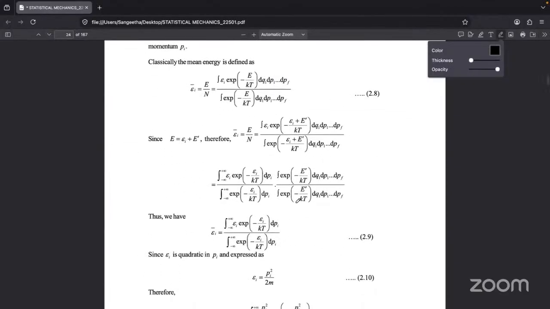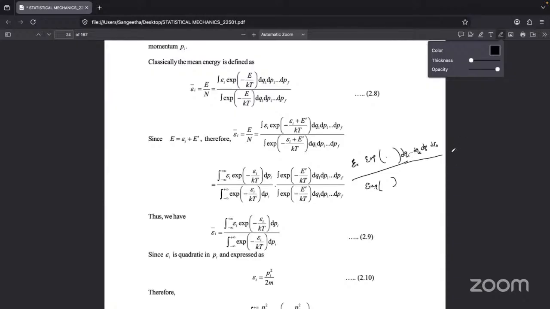Here is the mean energy equation. How am I writing it? Epsilon times the exponential term divided by only the exponential term, with position coordinates dq1 to dqk and dp1 to dpk.